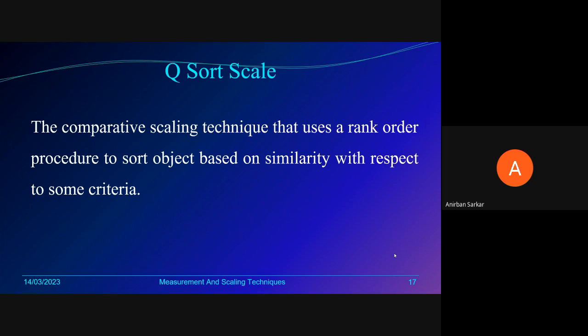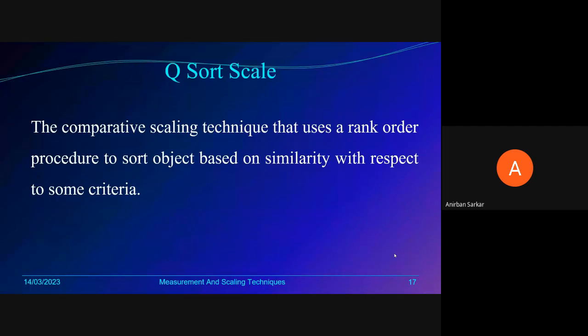So 100 statements into 10 piles, ranging from most highly agreed with to least highly agreed with. And there is a constraint that the number of objects to be sorted should not be less than 60 and should not be more than 140. So the reasonable range is 60 to 90.